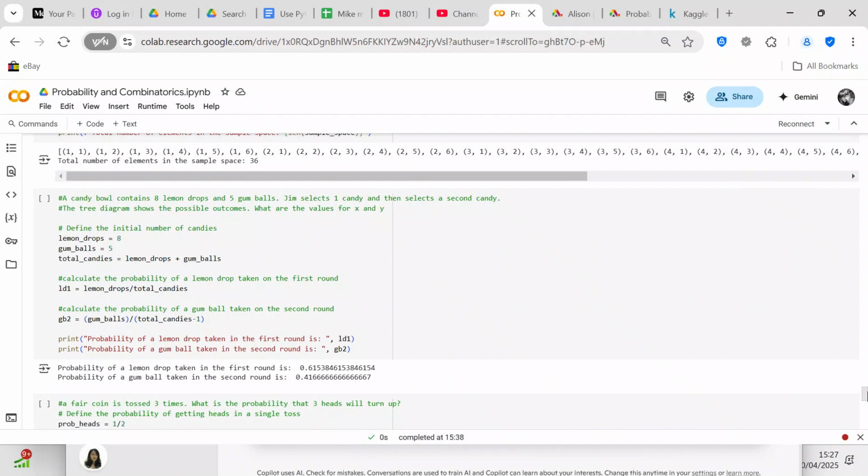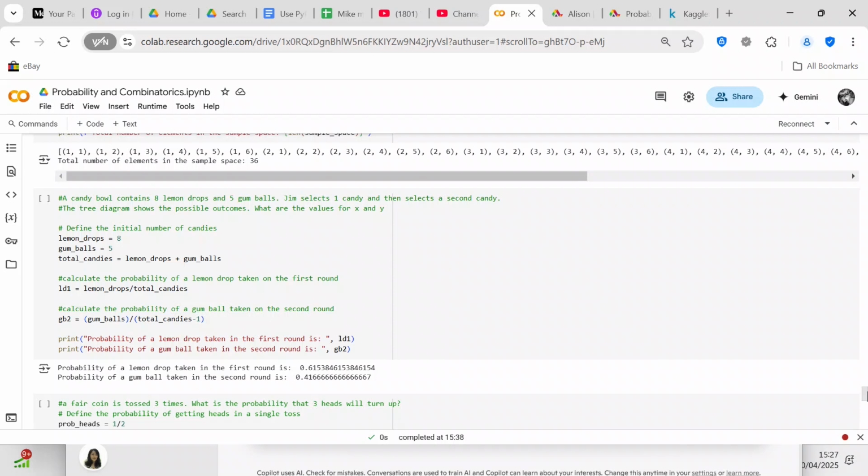Now calculate the probability of a lemon drop taken on the first round. So LD1 equals lemon drops divided by total candies, and that's going to be 8 divided by 13. Then calculate the probability of a gumball taken on the second round.